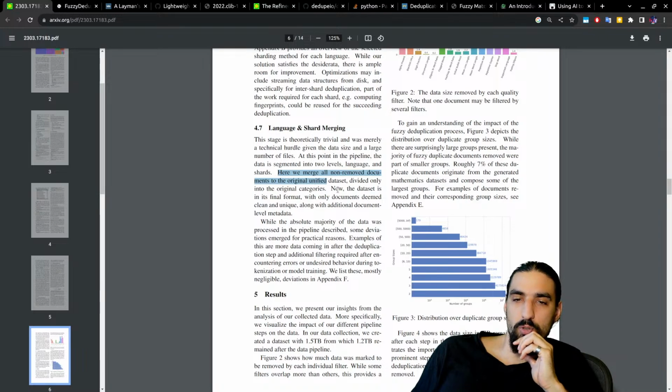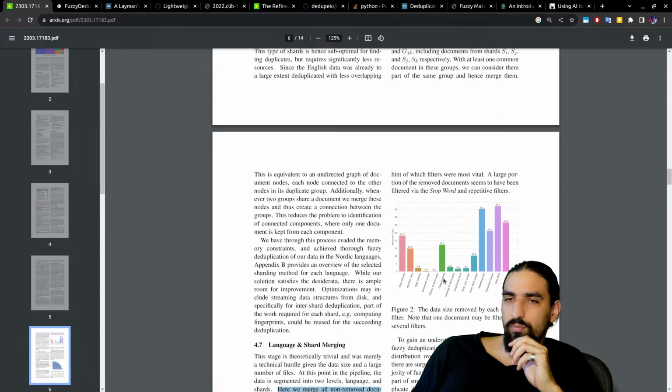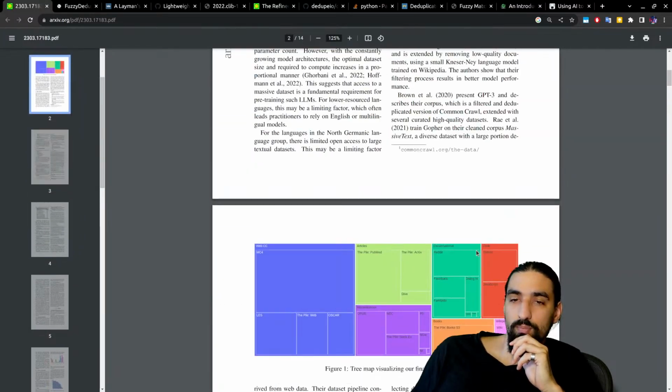While the absolute majority of the data was processed in the pipeline described, some deviations emerged for practical reasons. Examples of this are more data coming in after the deduplication step and additional filtering required after encountering errors or undesired behavior during tokenization or model training.